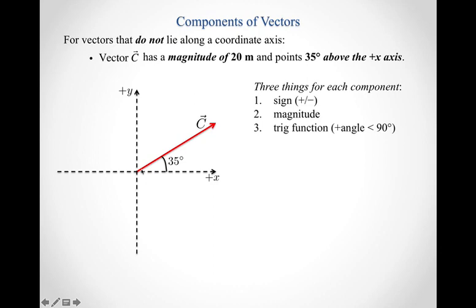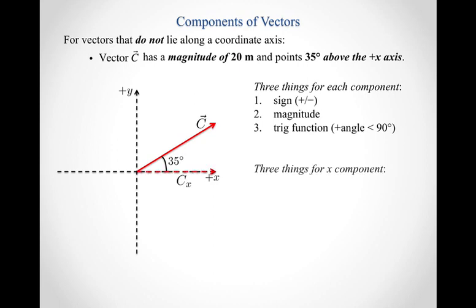So I can use my trigonometric functions, cosine and sine, to figure out what the two sides of this right triangle are, and which trig function I use, sine or cosine, is going to depend on which angle I've chosen to define for that particular vector. As an example here with vector c, I'm told vector c has a magnitude of 20 meters and points 35 degrees above the x-axis.